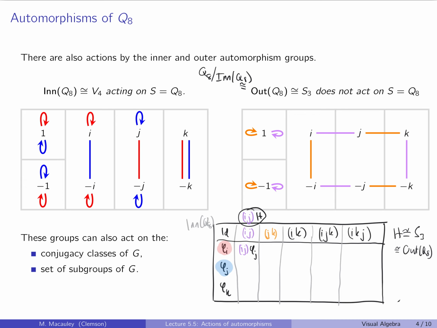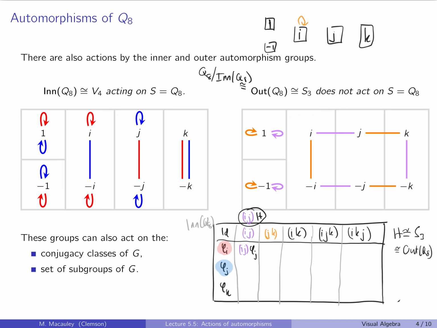And the action graph for that is a lot like, let's draw it. So the conjugacy class containing 1, the conjugacy class containing -1, the conjugacy class containing i, and these should be conjugacy classes. I'm just drawing the individual elements.